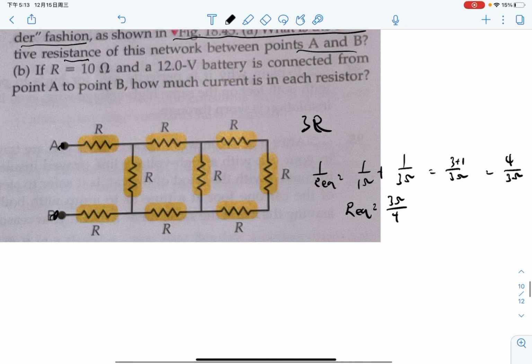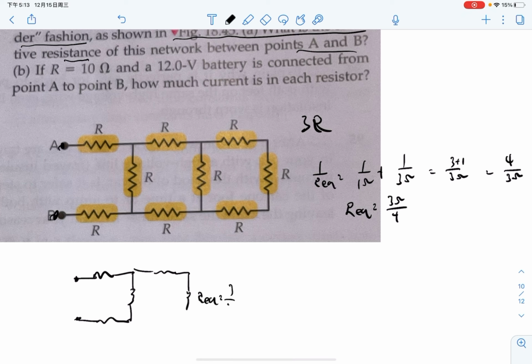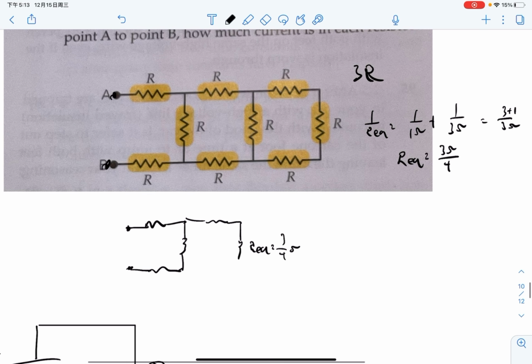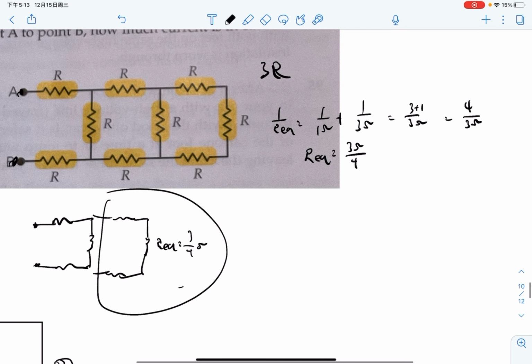And now the diagram will just look like this. And now for this circuit, it is in series, so it will be equal to 3 divided by 4 ohm plus 2 ohm.